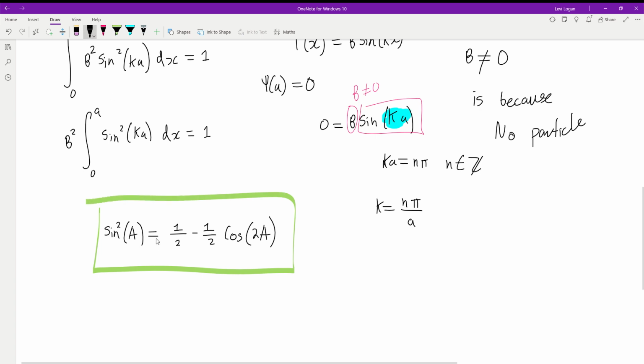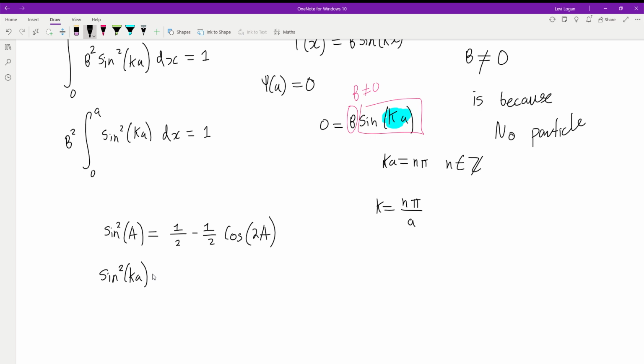Now, which side is easier to integrate, this or this? This side is, because all you have to do is break it up into a couple of integrals and then evaluate. So we replace it in here. Sine squared of kx is equal to 1/2 minus 1/2 multiplied by cos of double the inside term, so 2kx. This is much easier to solve.